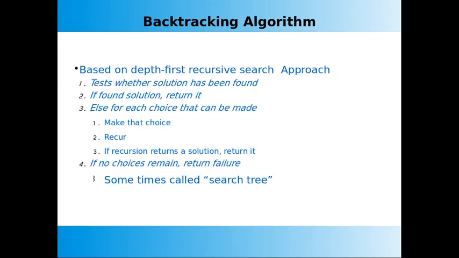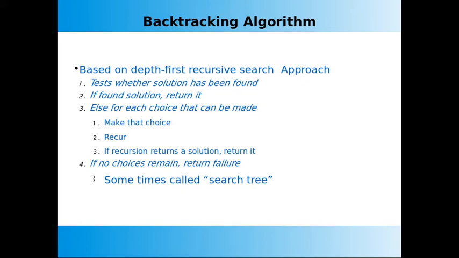So this is the algorithm, and this is how it works. As you know, backtracking is a depth first recursive search approach. That is, we find the solution depth-wise. You are familiar with the depth first search algorithm, and it tests whether the solution has been found.